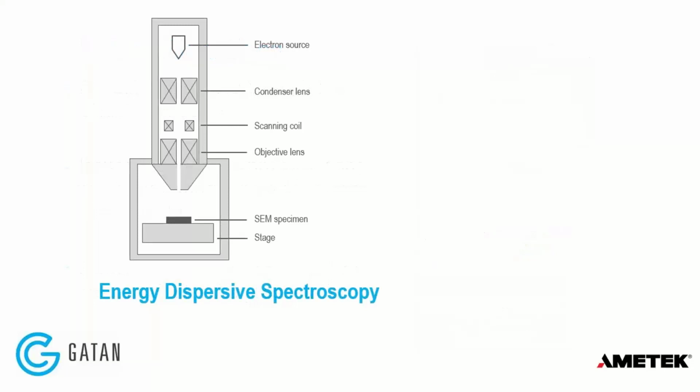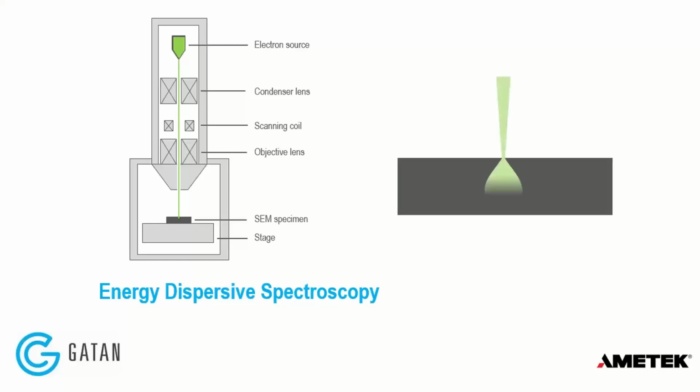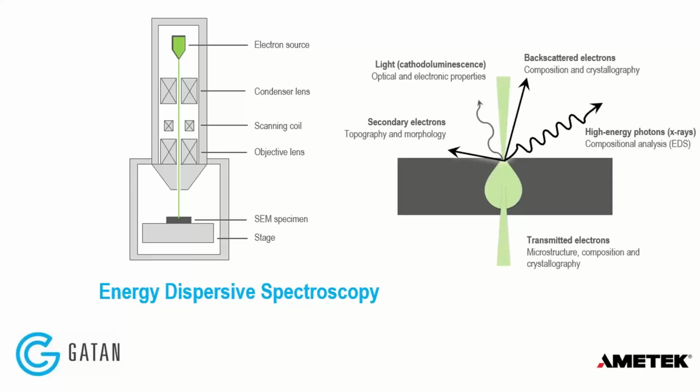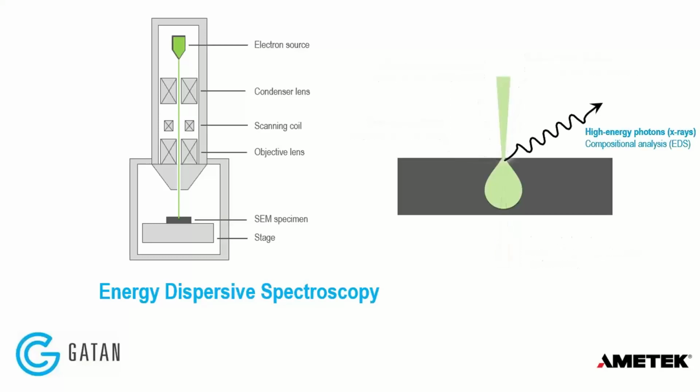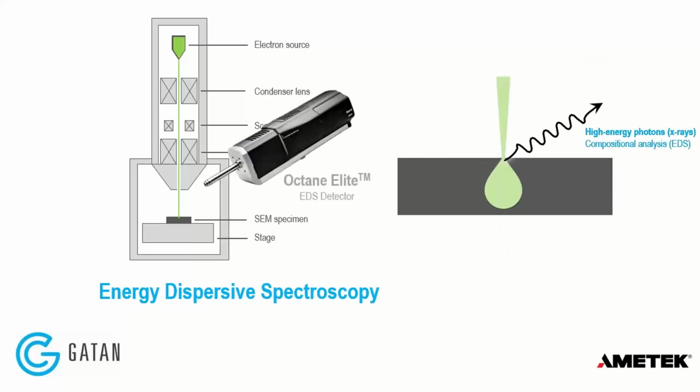So let's just talk first about instrumentation and the experimental techniques that we use. First is energy-dispersive spectroscopy, where when an electron beam strikes a material, a ton of events are stimulated, including secondary electrons and backscattered electrons, and these events can reveal different properties about the material that you're investigating, including high energy photons or X-rays that reveal compositional analysis through energy-dispersive spectroscopy.